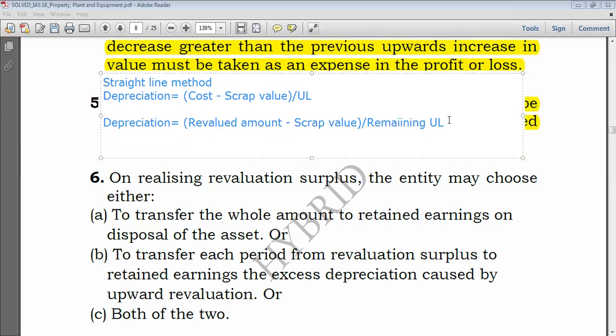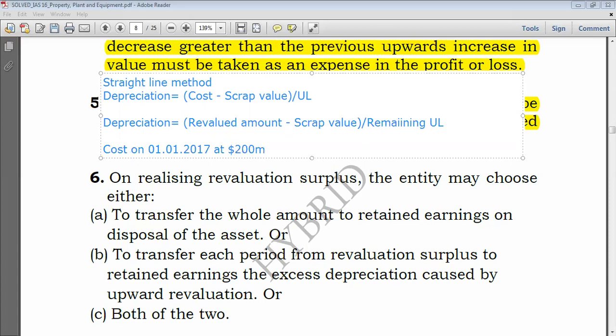Let's just presume you buy an asset at cost on 1st January 2017. Let's say you bought it at $200 million.